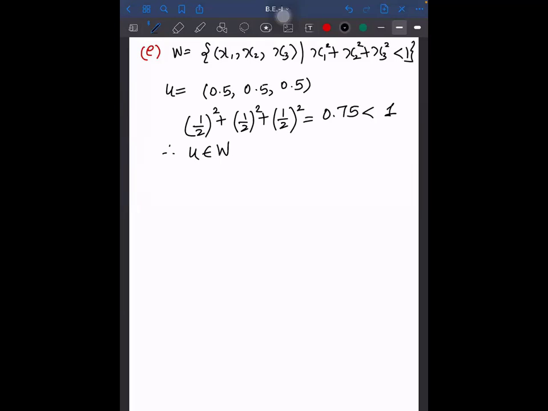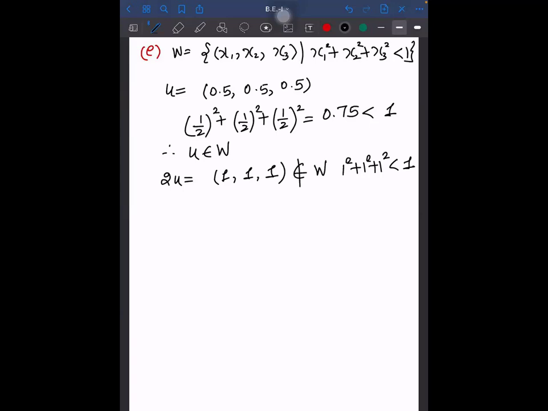But if you take, let's say, 2U, this will become (1, 1, 1), and 2U will not belong to W. Why? Because 1 square plus 1 square plus 1 square is not less than 1. You can also use the addition property.